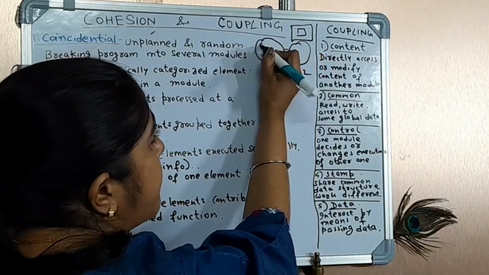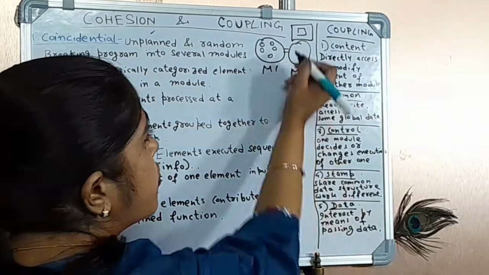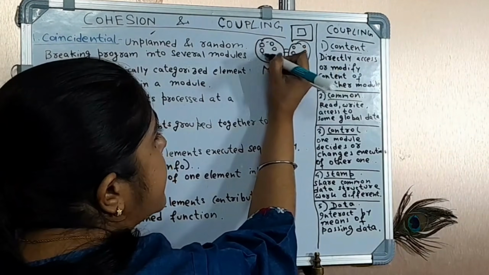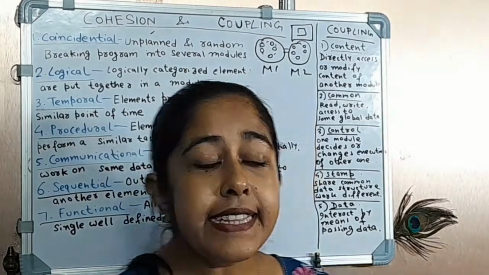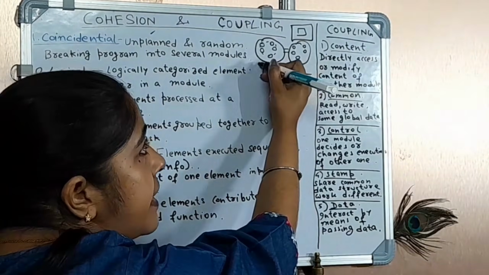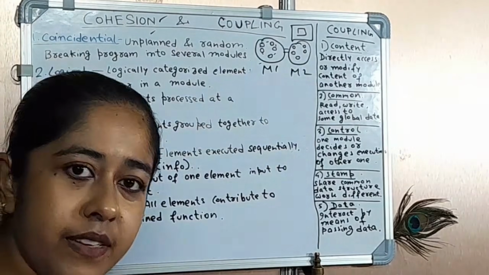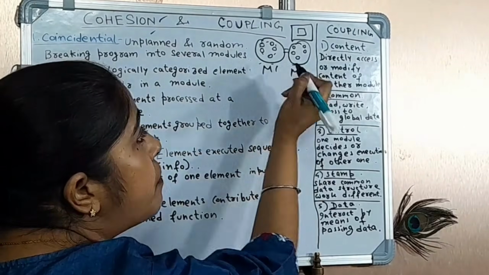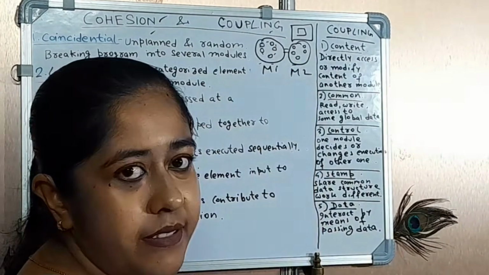These particular modules have some elements in them, and these elements also have some interconnection between them. That interdependability of the elements in a particular module is known as cohesion. And the interdependability between these two particular modules is known as coupling.